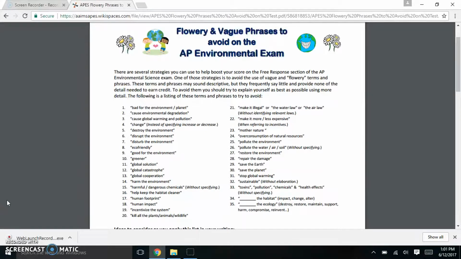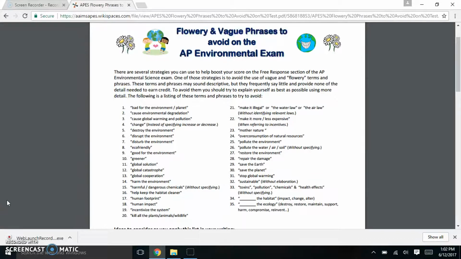But in disrupting the environment, we need to put a specific thing, such as acid to the soil. Acid to the soil will disrupt the environment by not allowing plants to grow in that soil, and that would be more specific. So as we look at these, think of what can be more specific.